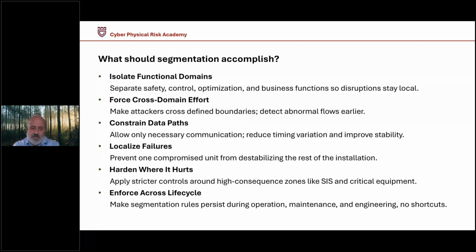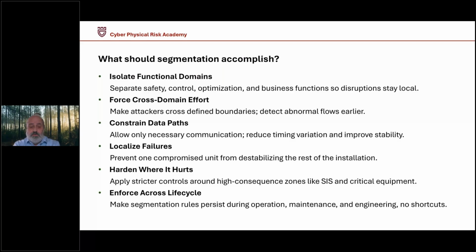So segmentation is not only considering the network or the process control network, it can also, and we'll talk about that later, segment the process itself or the units, on how you automate the units, how you control those.